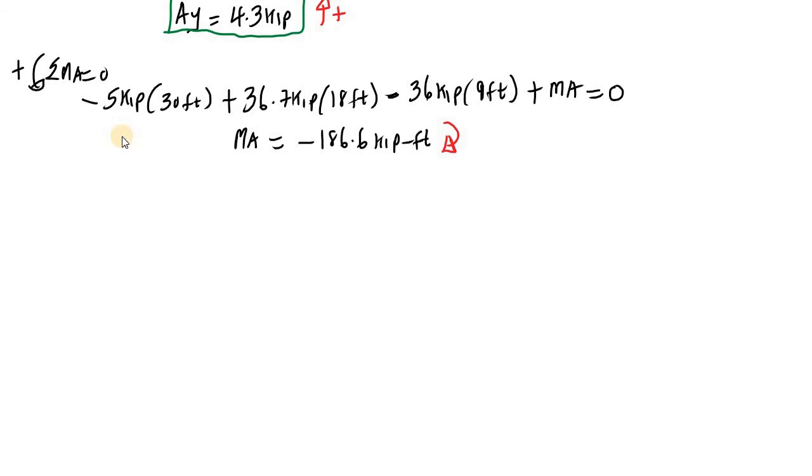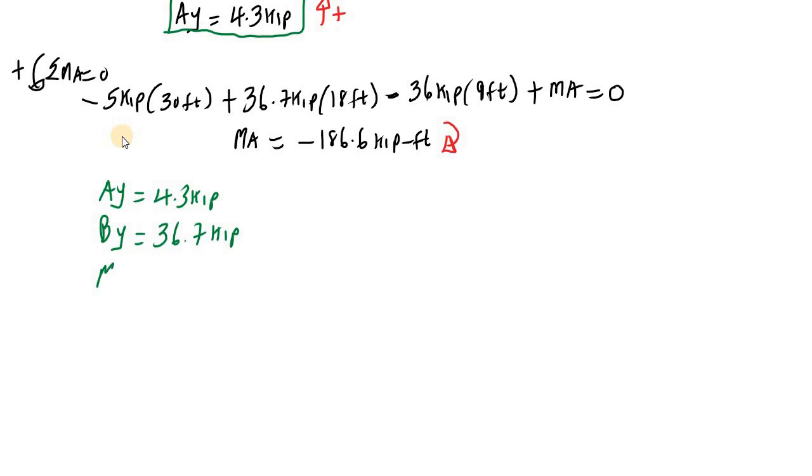So these are the support reactions. Let me write this down here. AY equals 4.3 kip. BY equals 36.7 kip.